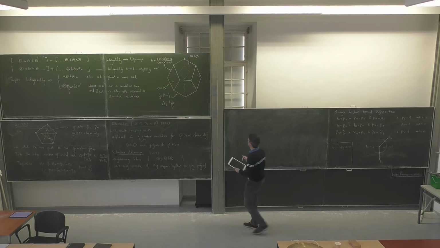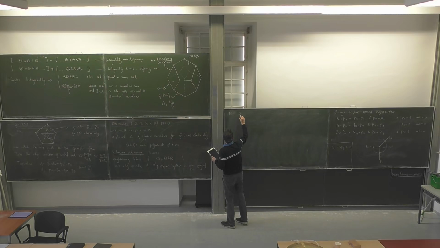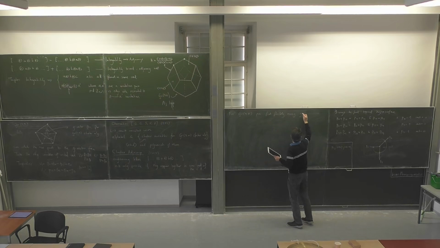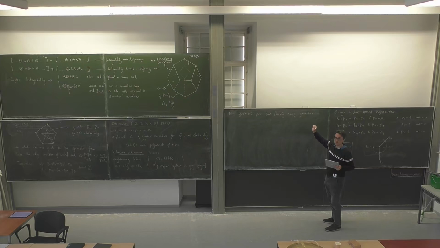Okay, so if you do that for GR48, you find finitely many G vectors, so a subset of G vectors that come from the rays of the tropical fan.